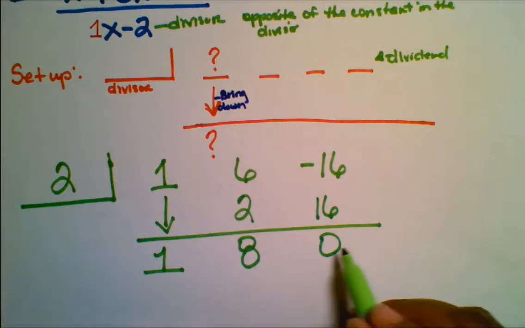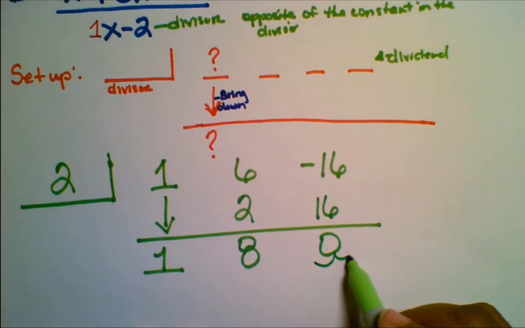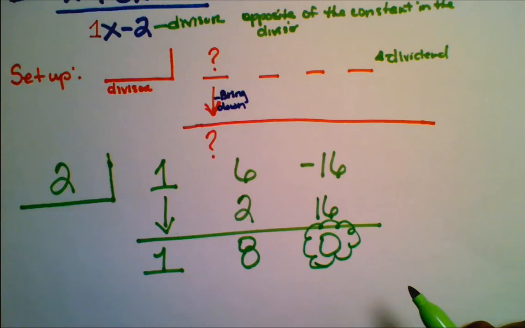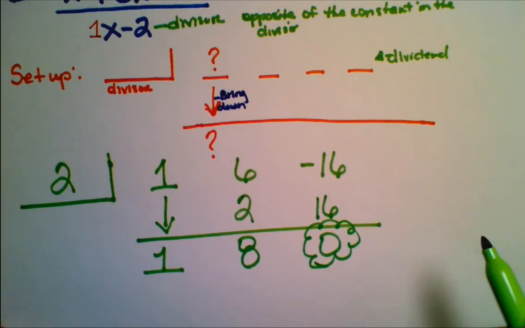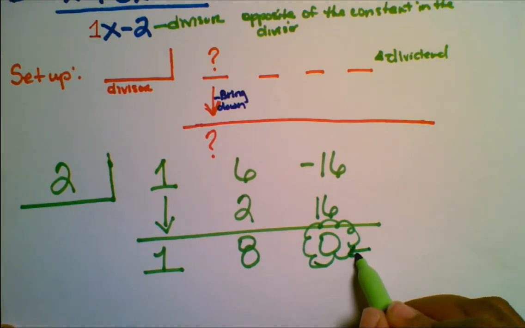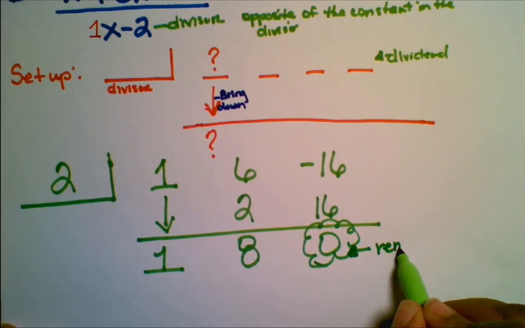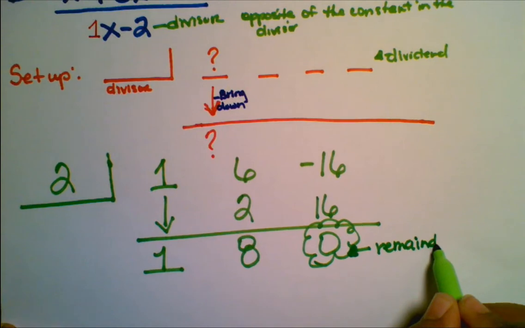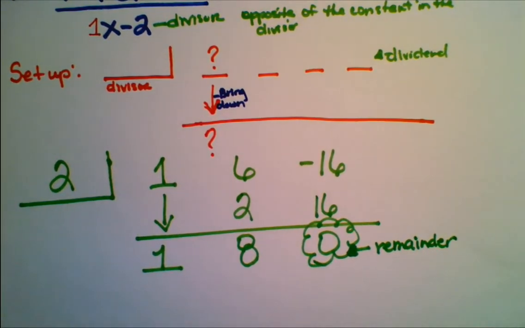Okay, so now we're finished at this moment. Now let's put a little circle around that last digit, because that last digit is your remainder. We may have a 0 remainder, we may not have a 0 remainder, and I'll show you what you have to do.